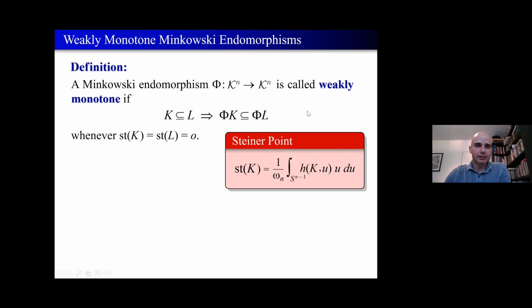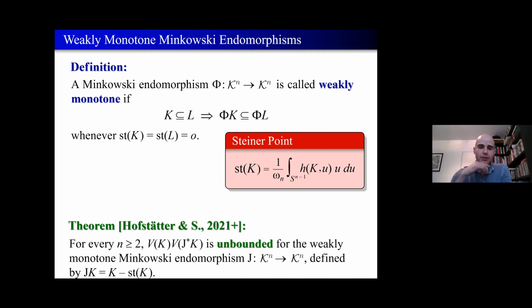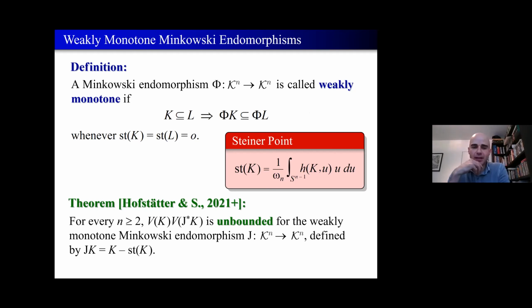Now, something that came as a bit of a surprise for us was that there is a quite simple example of a weakly monotone Minkowski endomorphism for which this volume product is unbounded.